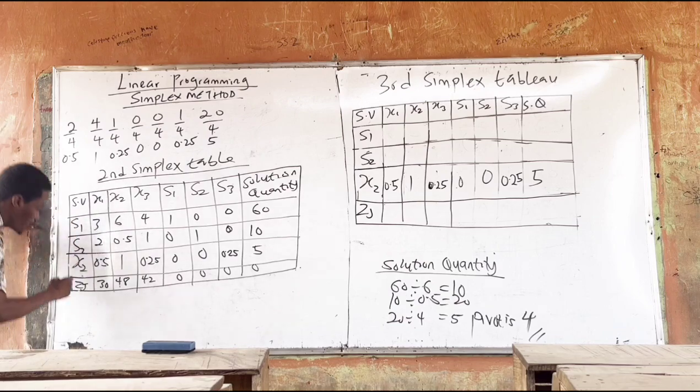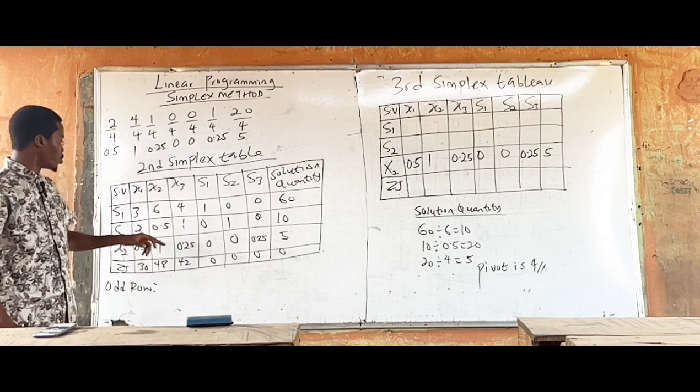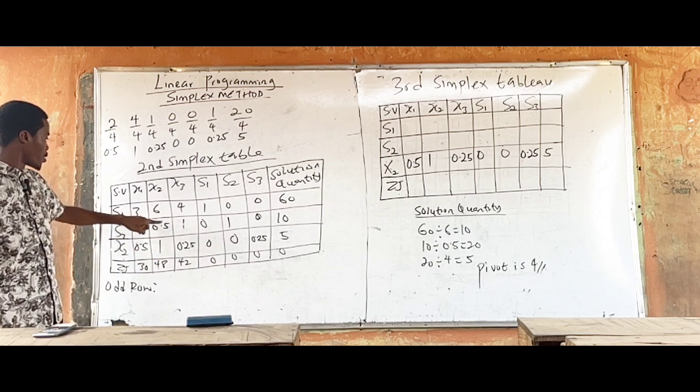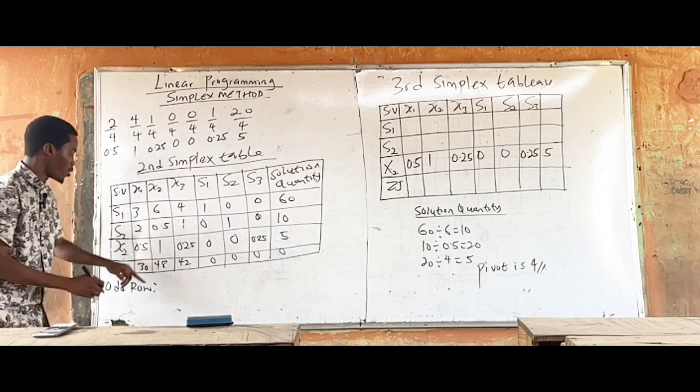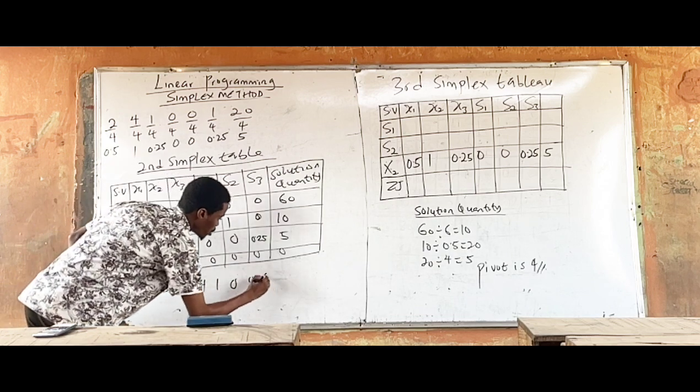So this is our old row. My old row is 3, 6, 4, 1, 0, 0, 60.